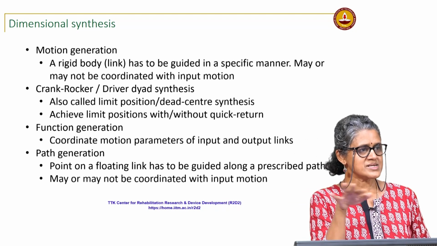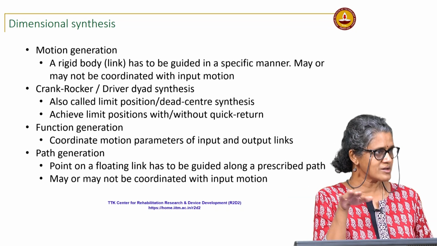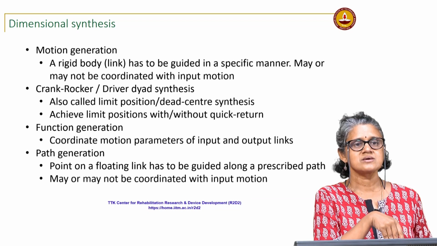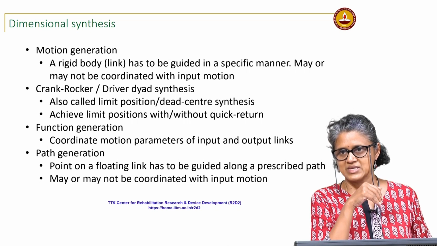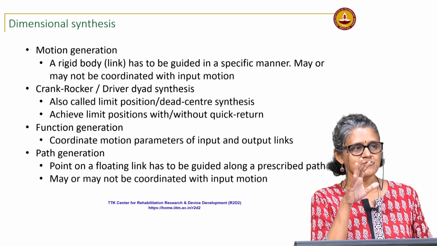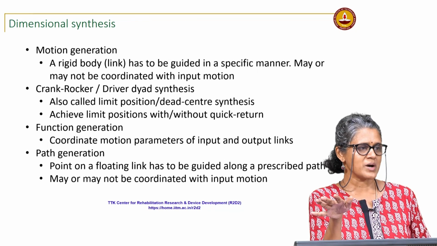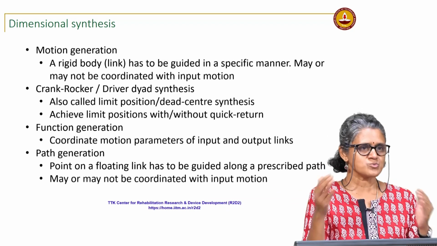Now, a 4 bar does not really care what kind of problem you are solving. You can design a 4 bar to achieve any of these tasks. The 4 bar is going to behave as a 4 bar, it has a certain relationship between the links, its coupler points move in certain ways.